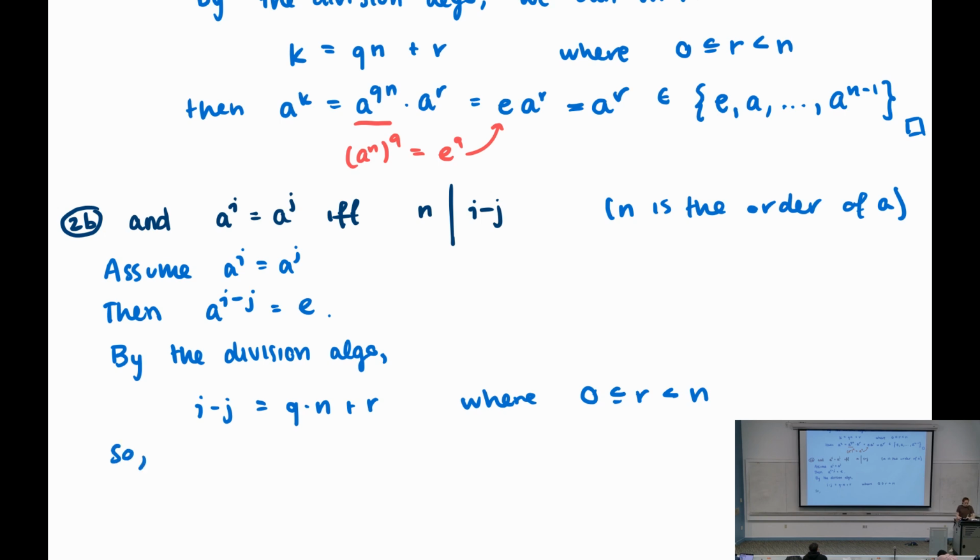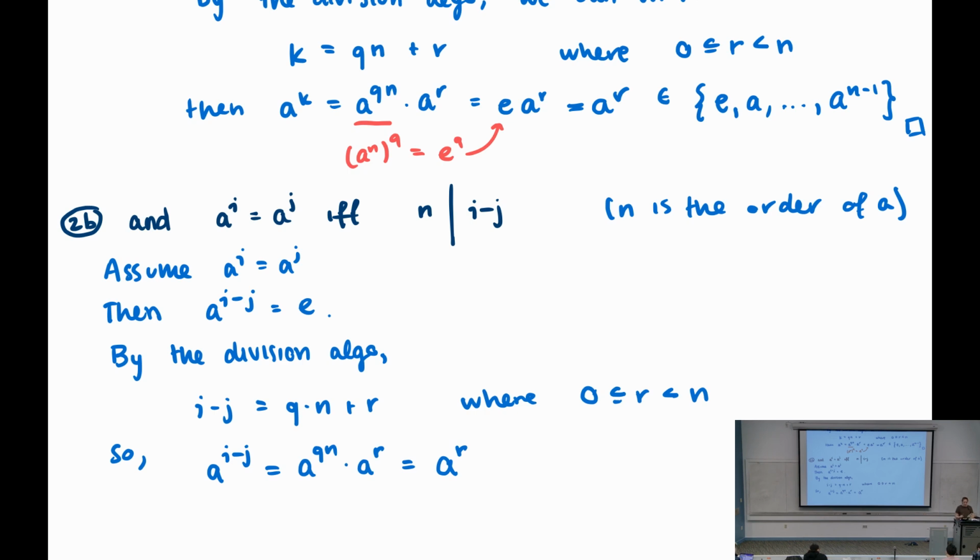So we have that a to the i minus j is equal to a to the qn times a to the r, and this a to the qn will be identity, so this leaves us just with a to the r.